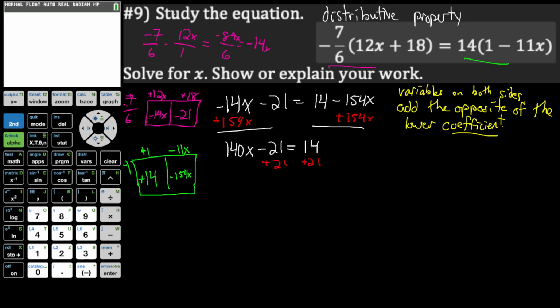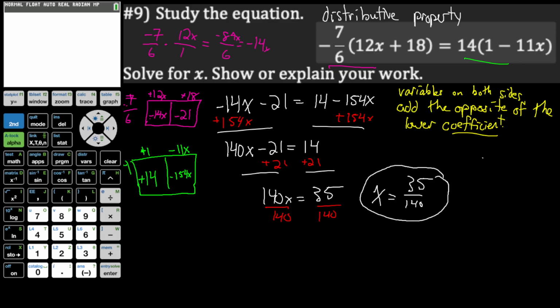And I can say I have 140x is equal to 35. Last step is to divide both sides by the coefficient. So I divide both sides by 140. And I can say that my answer x is going to be 35 over 140.